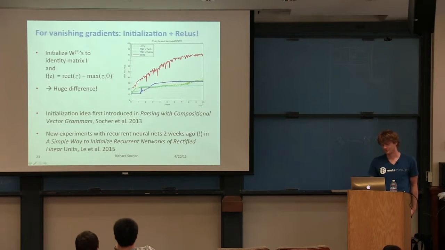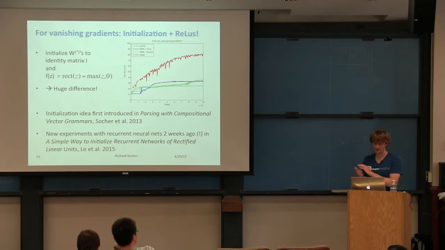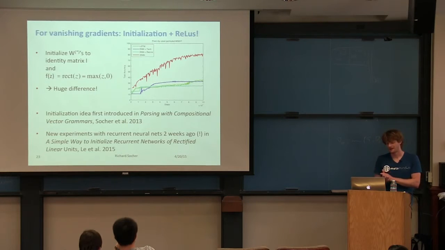But that's, again, just for this particular synthetic problem. This was actually an idea that I first introduced, but in the framework of recursive neural networks, which we'll also talk about either next lecture or next week. And then again, there are some new experiments with recurrent neural networks just 2 weeks ago.